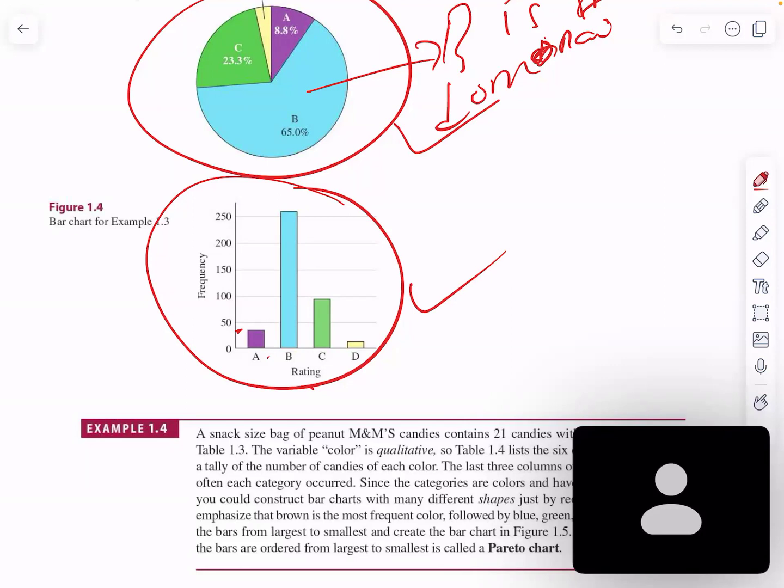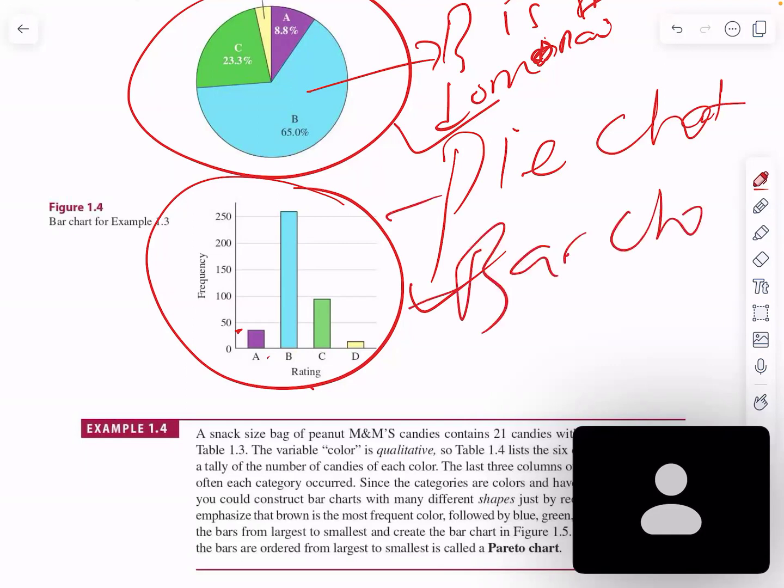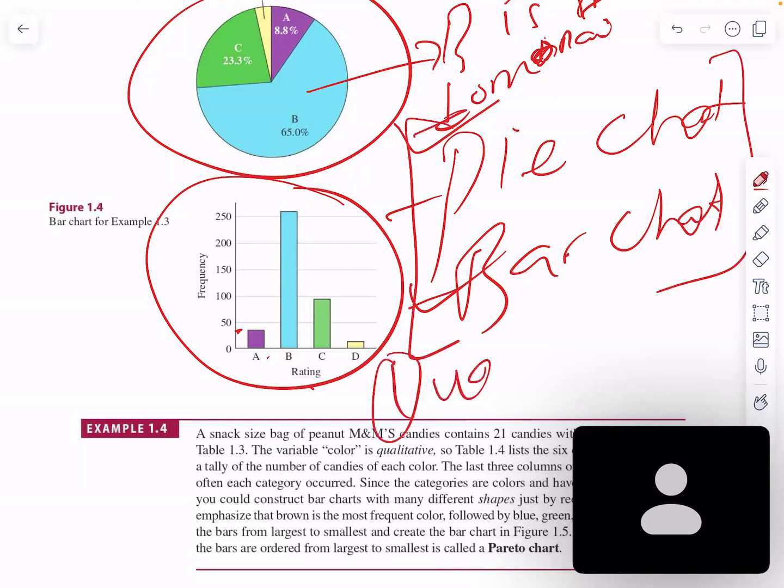Okay, so if you don't know any other chart, at least remember the pie chart and the bar chart. This can easily be used for what? Qualitative, to describe qualitative data.